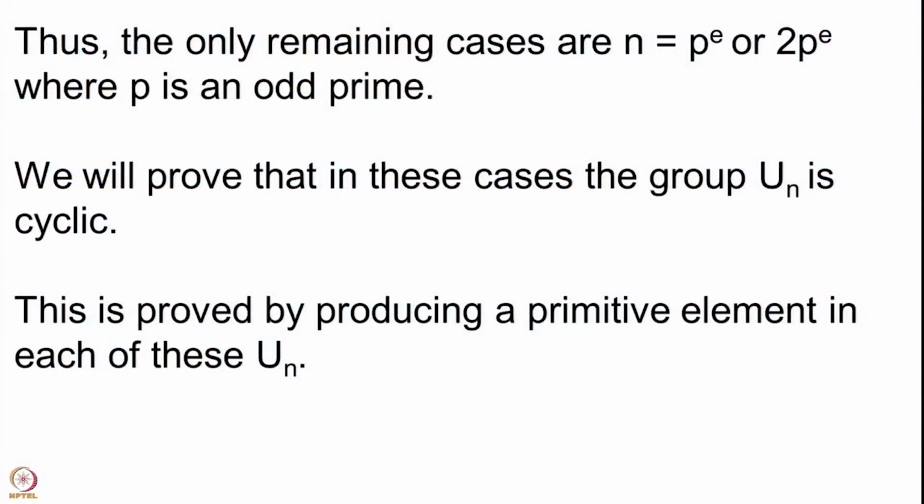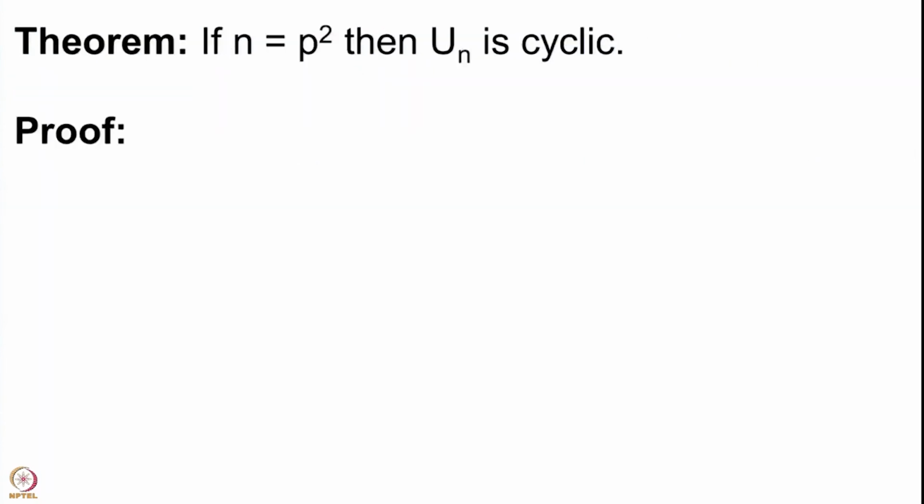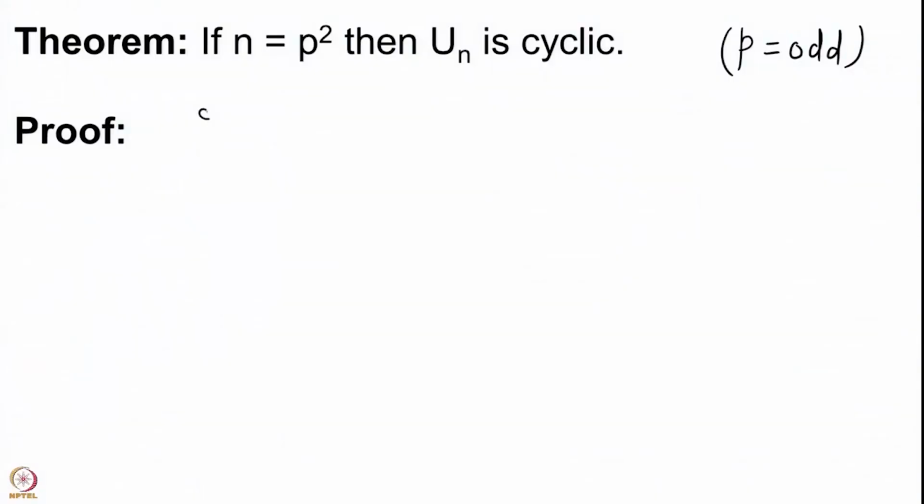So, the very first stage we actually have to look at p^e and 2p^e, but we will start with the case where n is p squared, and remember this is something that I will not repeat, that p is always an odd prime. So, we are going to prove that whenever n is p squared, then U_n is a cyclic group. So, one basic statement here that we are going to use is the following.